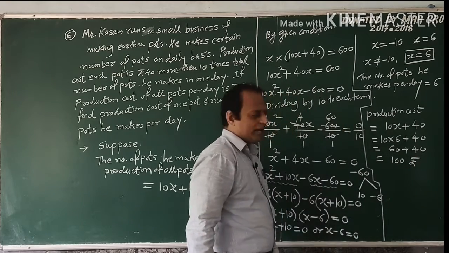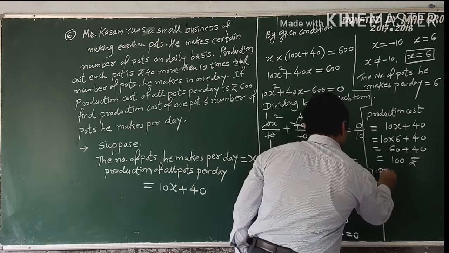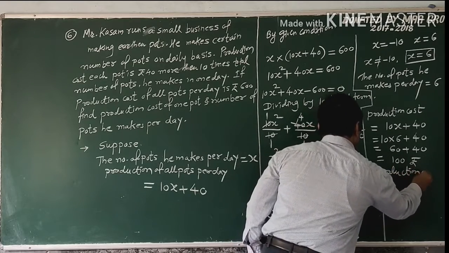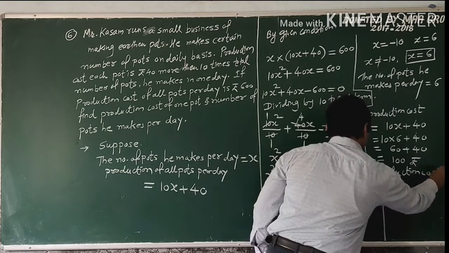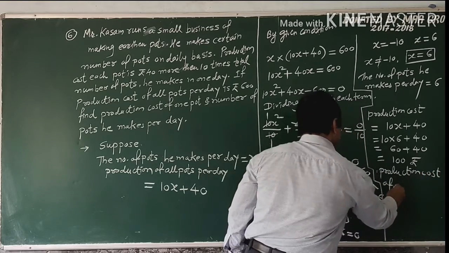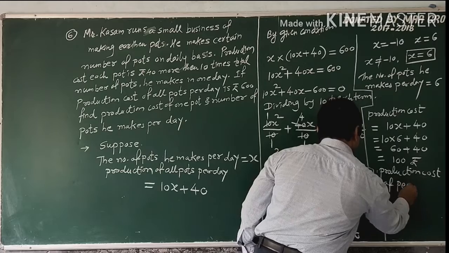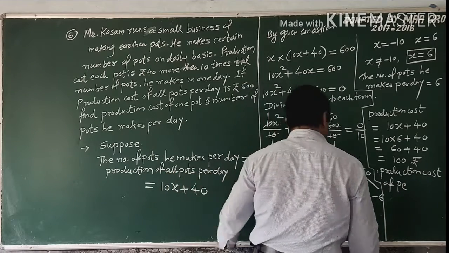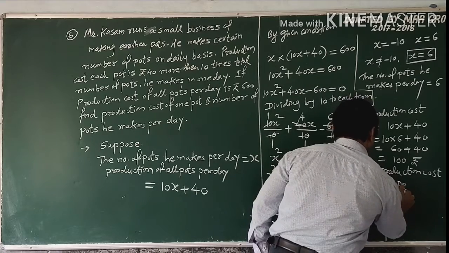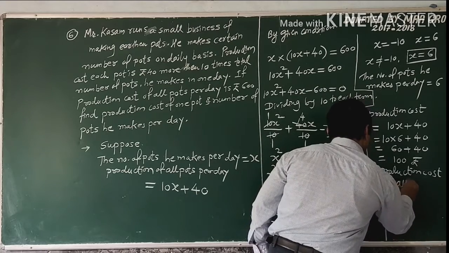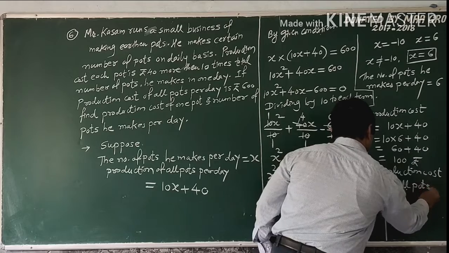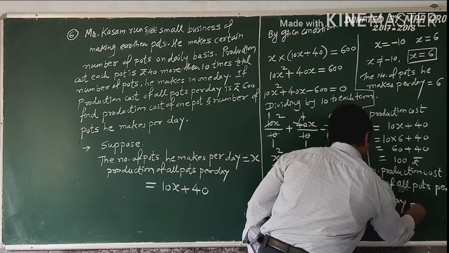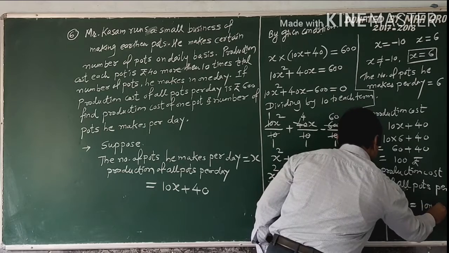Then we can write here the production cost of all pots per day is equal to 100 rupees.